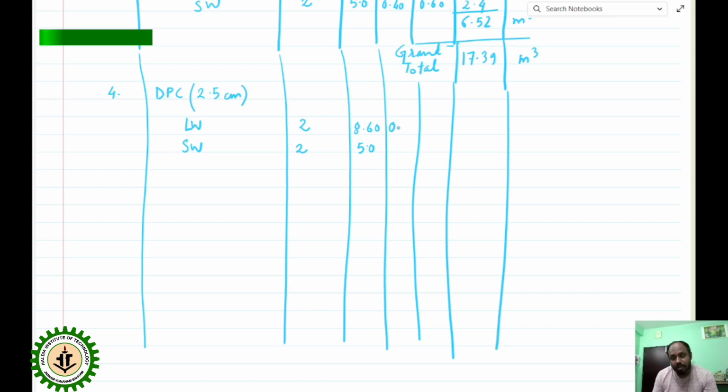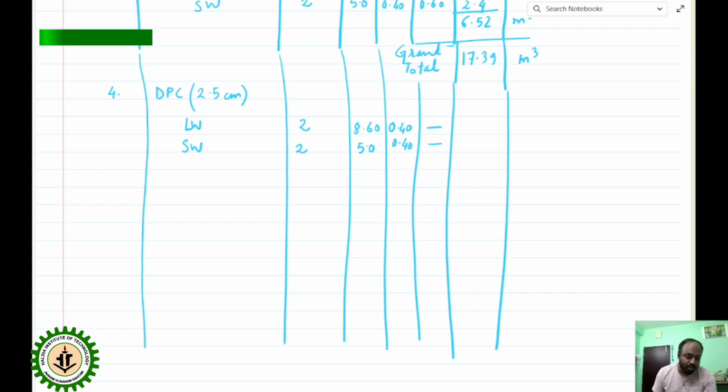So the width of the plinth is given as 0.4, and in this case, height is negligible because we are mentioning the height as 2.5 centimeters, and DPC is a square meter unit. So in this case, we are neglecting the height. Now we will calculate for long wall and short wall.